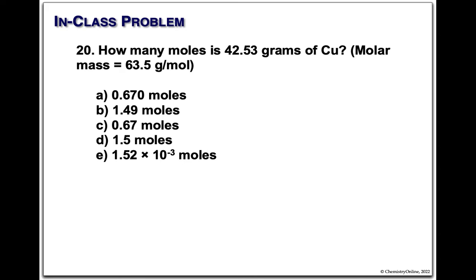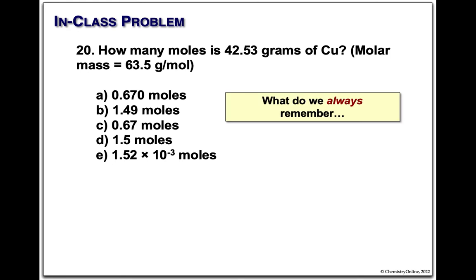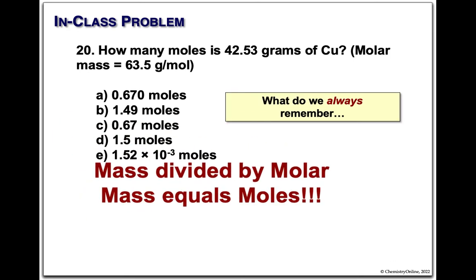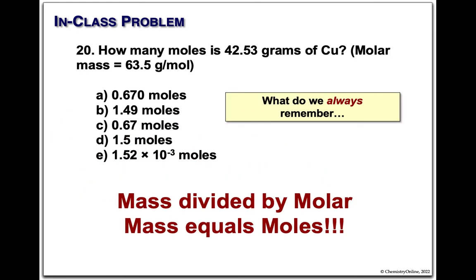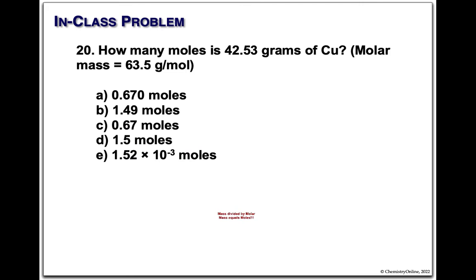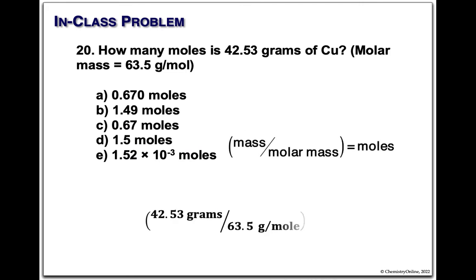We have 42 grams of copper. The molar mass is 63. How many moles is that? We remember that mass divided by molar mass is moles. So we take our mass, take our molar mass, simply do the division. 0.67 moles.